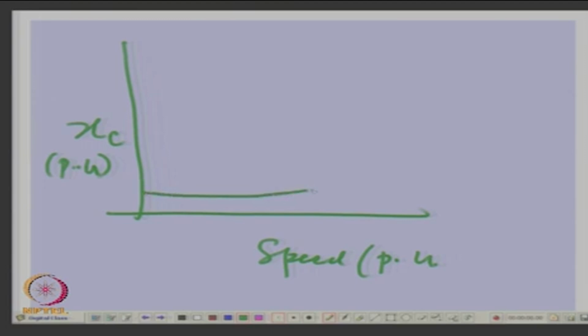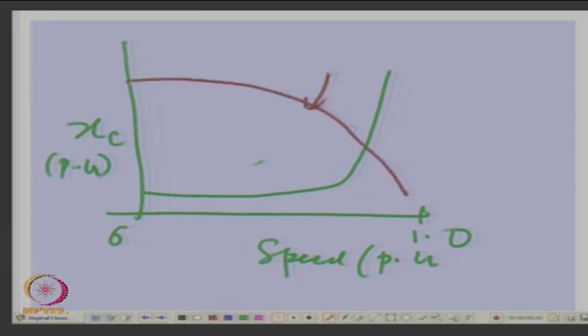It may vary something like this, from 0 to 1 per unit. This is a typical variation of Xc. The capacitance may be something like this. That means you require a high starting capacitor and maybe a low running capacitor. This is for starting, this is for running.